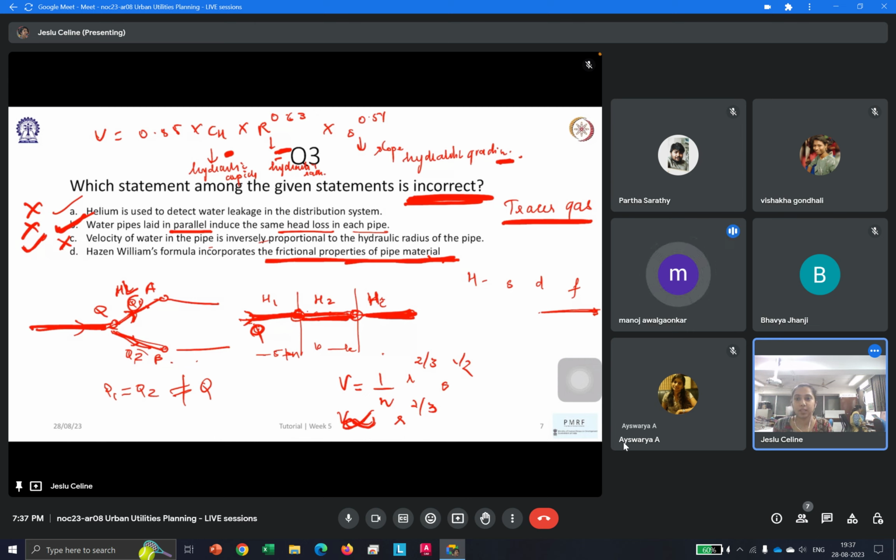CH indicates the property of the pipe, okay. But does it incorporate the frictional properties also? Pipe material, to an extent, takes frictional properties. Yeah, it takes.